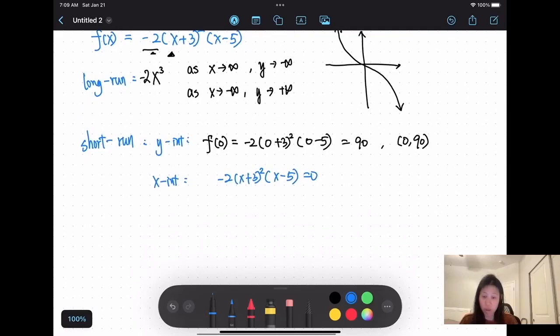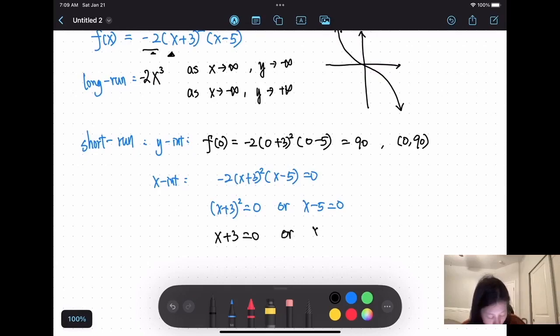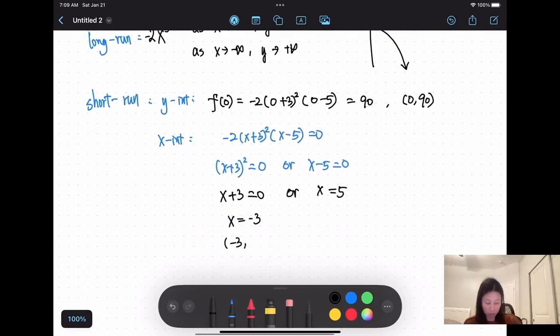Since it's factored, we break this apart: either (x plus 3) squared equals 0 or x minus 5 equals 0. That gives you 2 x-intercepts. Either x plus 3 equals 0 or x equals 5. Because it's squared, 0 squared equals 0, so x plus 3 equals 0. So x is equal to -3. This is our 2 x-intercepts: (-3, 0) and (5, 0).